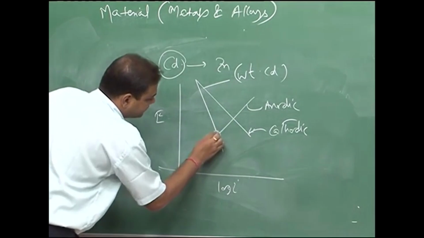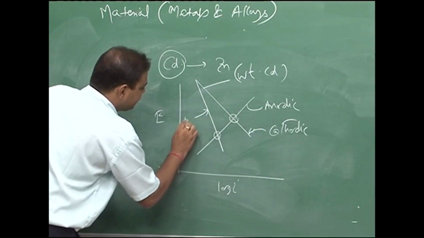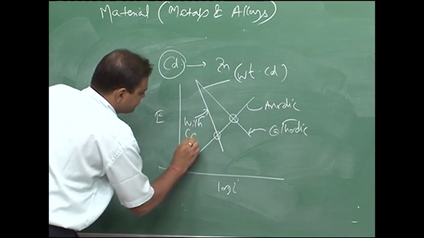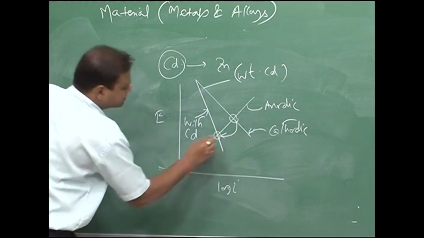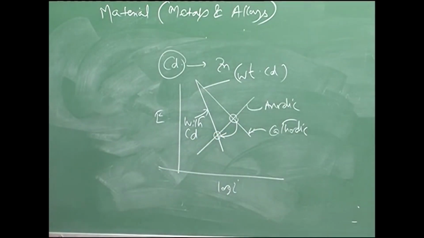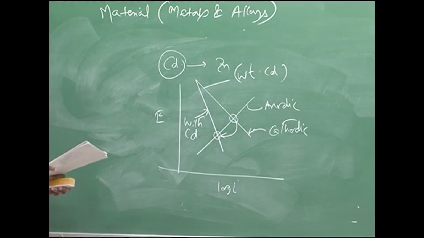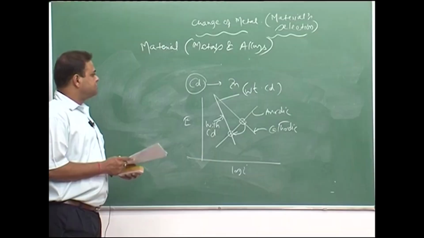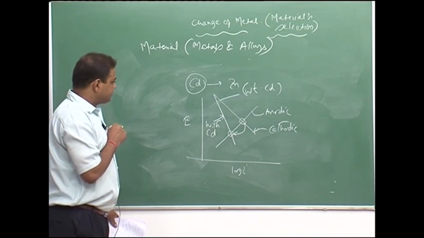So, the corrosion rate is here now, previously it was here. So, this is with cadmium. The corrosion resistance has improved from here to this place. So, the corrosion rate has reduced. This is the effect of cadmium in zinc, which increases the polarization of cathodic reaction.